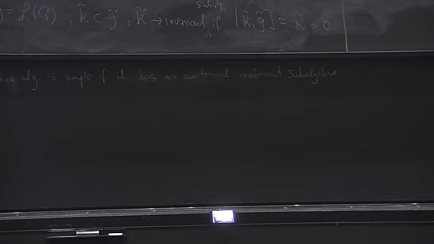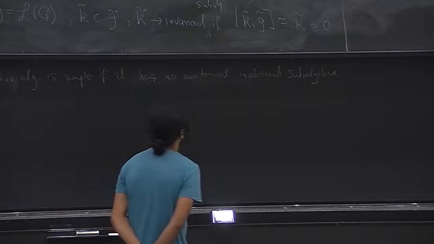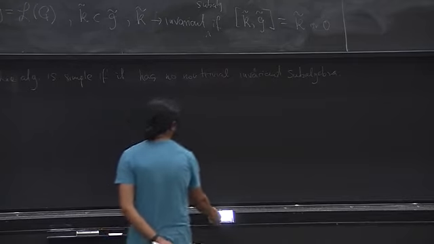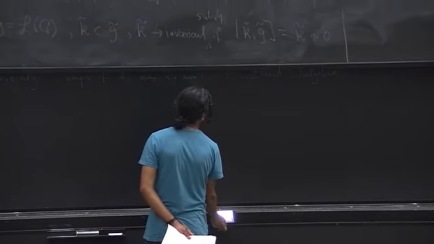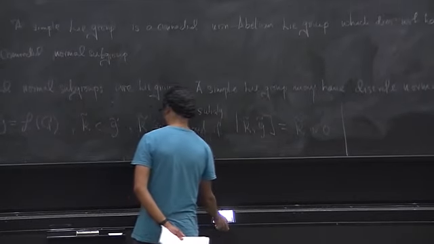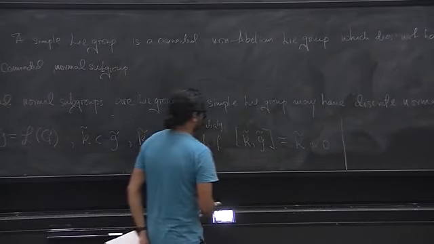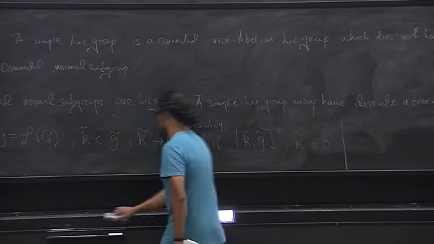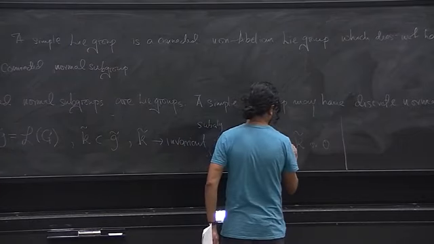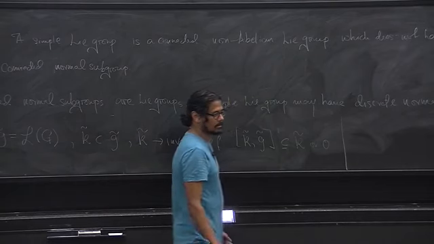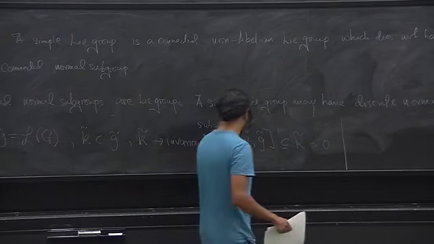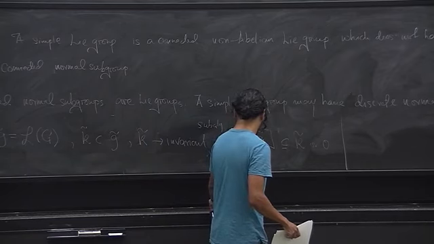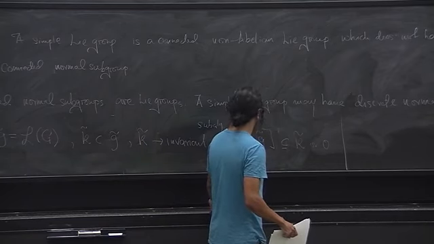Just a question. When we define the invariant subalgebra, is the commutator equal to K, or does it belong to K? Can it be a subset? Yeah, something like this. But then we don't need the zero part, actually. It wouldn't be a subalgebra if it didn't include zero.